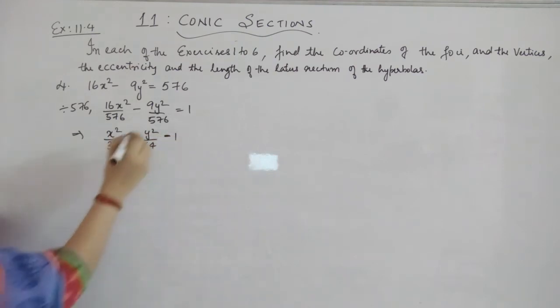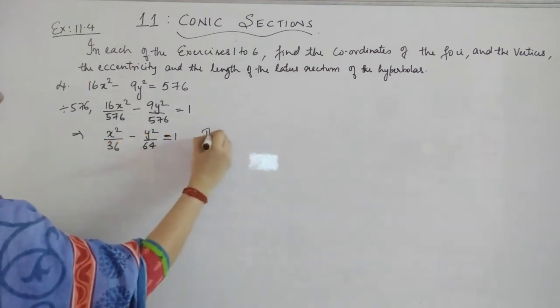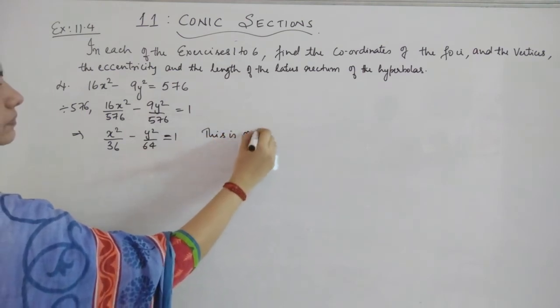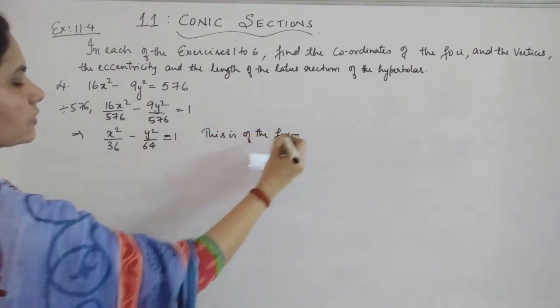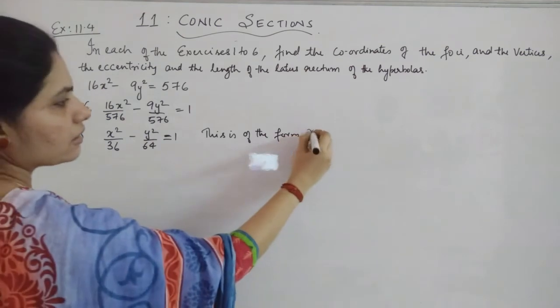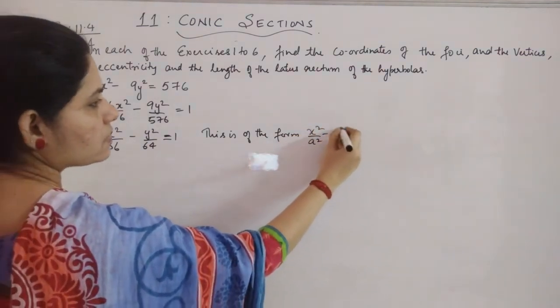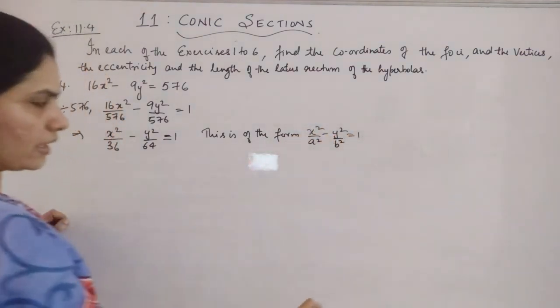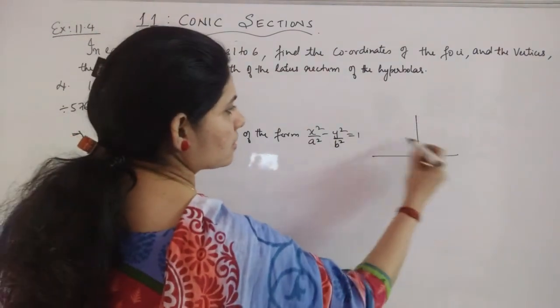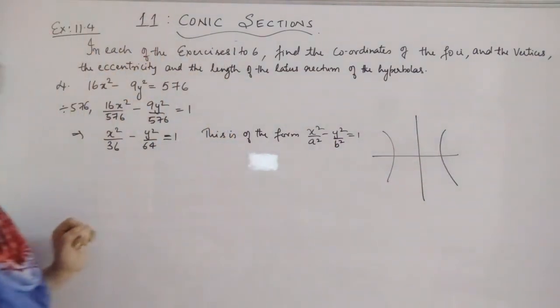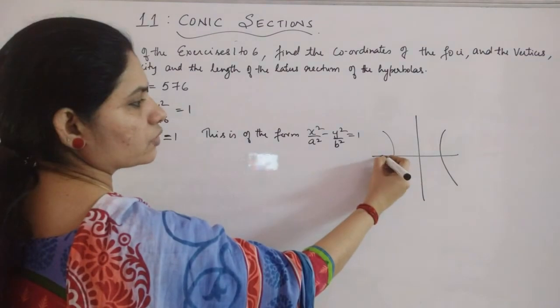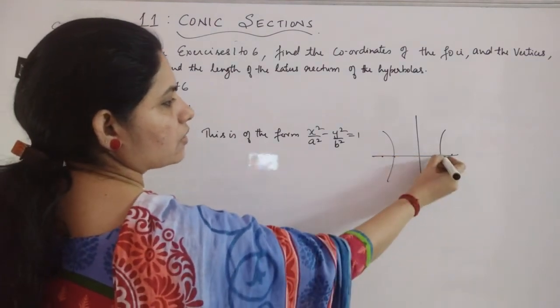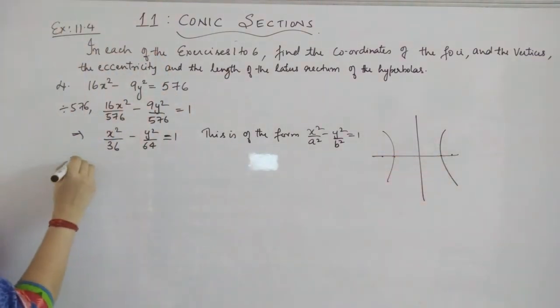Now you can compare this with the standard form. In which form is it? x square by a square minus y square by b square equal to 1. That means it is like this. So you can say that the foci as well as the vertices are on the x-axis.